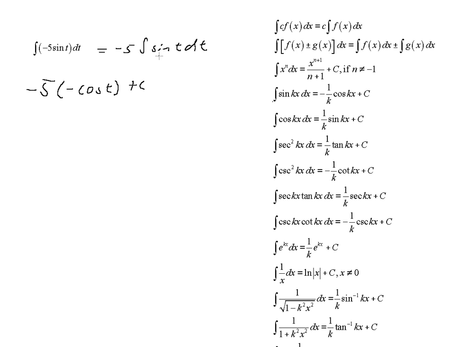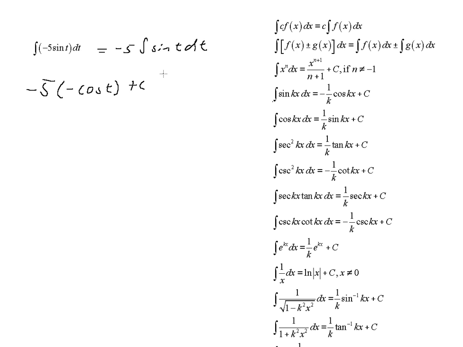The function that has a derivative of the sine of t is the negative cosine of t. That's the thinking process you use every time, no matter what form you're using. You might use some rewriting, substitutions, or different methods to get to that point, but that's the question you're always asking yourself. So that's where these formulas come from.